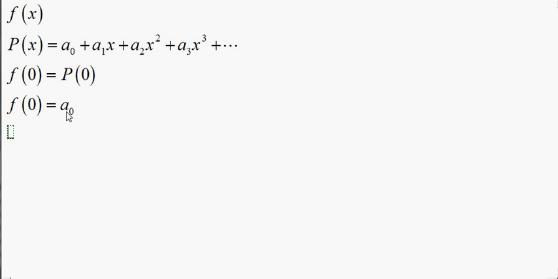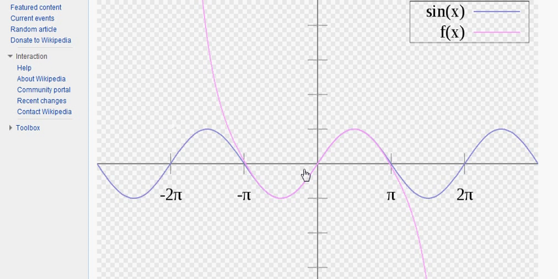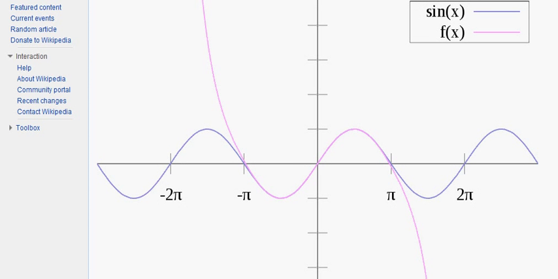Now, our next leap of logic is, if these functions behave the same around a certain point, then it makes sense to say that their derivatives also behave the same way. Because if we go back to this picture, the slope of the tangent line at 0 is the same for both the pink and the blue line.